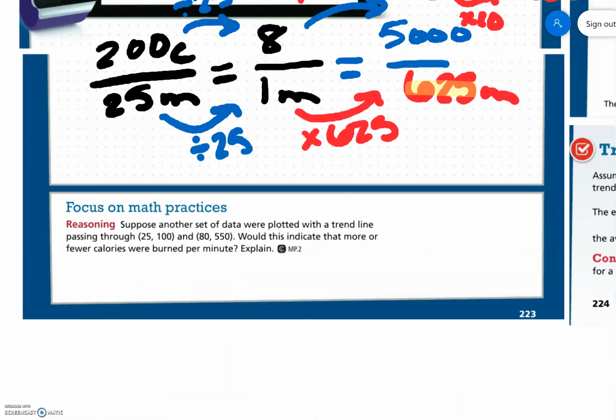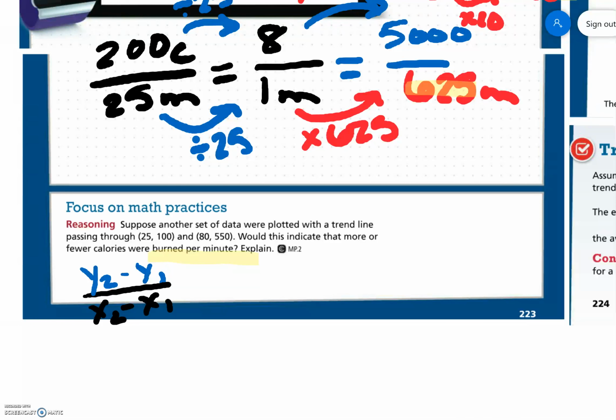Focus on math practices. Suppose another set of data were plotted with a trend line passing through (25, 100) and (80, 550). Would this indicate that more or fewer calories were burned per minute? Burned per minute, that tells me that we got to do the slope again. Well, remember, slope is y2 minus y1 over x2 minus x1.